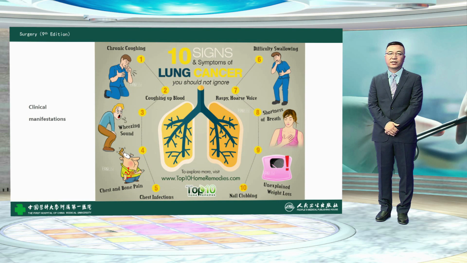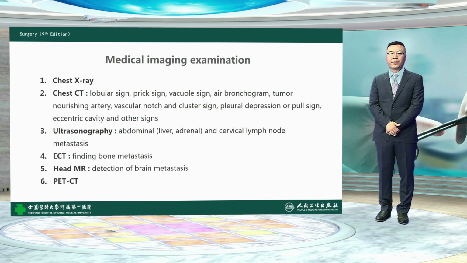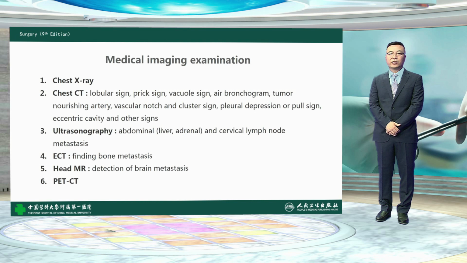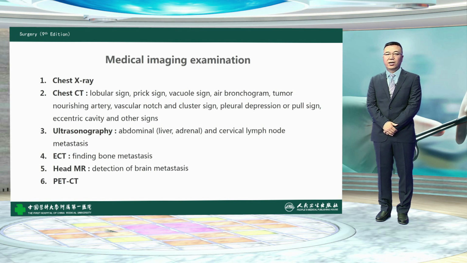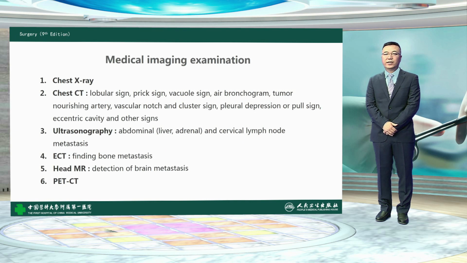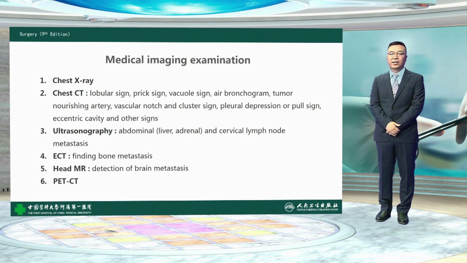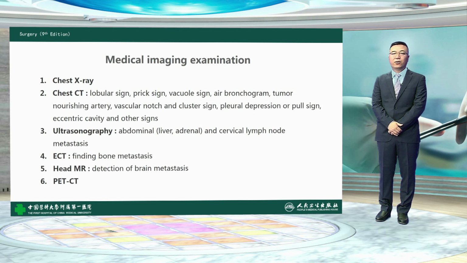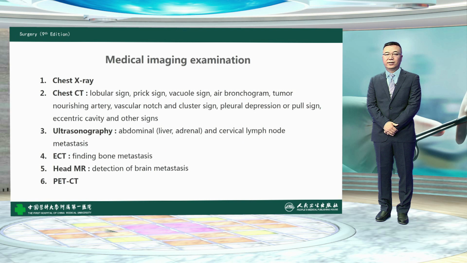This picture shows 10 signs and symptoms of lung cancer, from chronic coughing, coughing up blood, to unexplained weight loss, nail clubbing. Medical imaging examinations include chest X-ray, chest CT, ultrasonography, ECT. ECT is used for finding whole body bone metastasis, head MRI for detection of brain metastasis, and PET-CT for whole body metastasis.